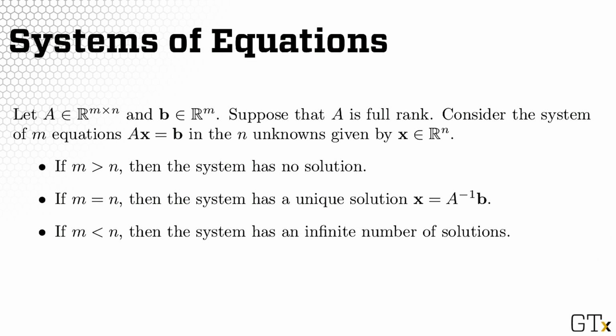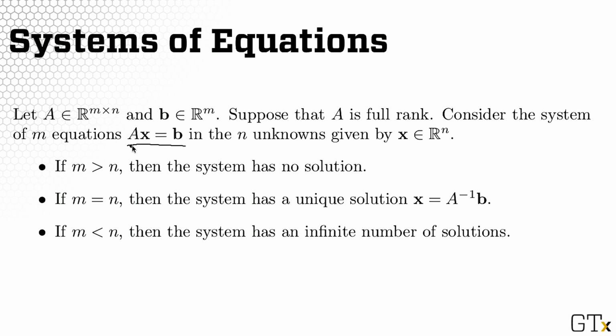So let's talk about systems of equations now. Here we have a matrix A which is an m by n matrix, b is an m-dimensional vector, and suppose that A is full rank. Now we can write down a system of m equations given by this expression.